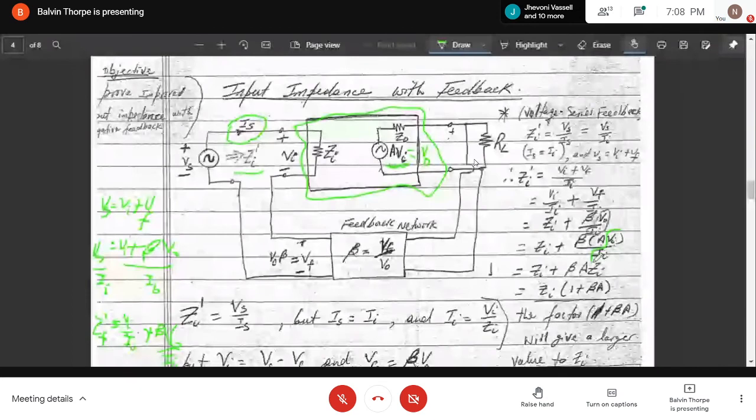But remember, we know what VO is. VO is AVI from here. So we could write ZI plus beta for AVI over I. And we can simply separate this.